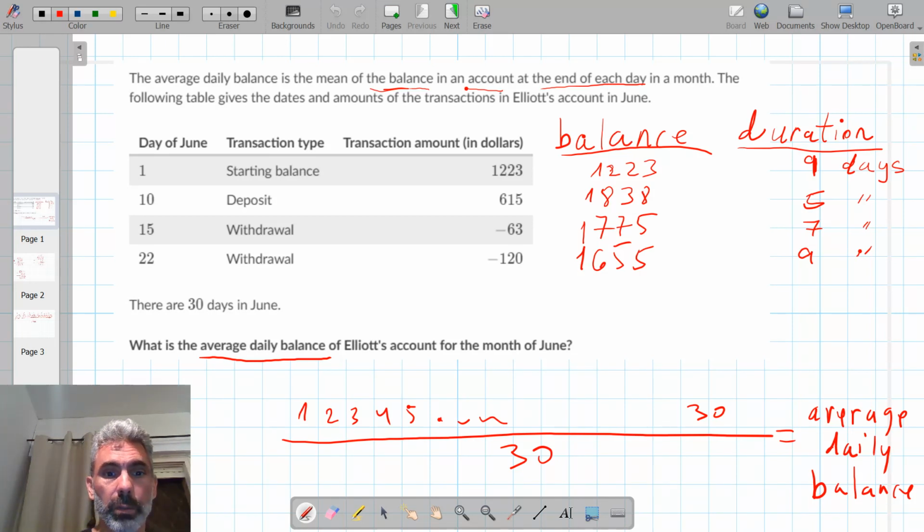Okay, we don't need to specify the balance for each and every one of the 30 days of June, because we can simply multiply by the days where the balance has stayed the same, and then we will save some work.